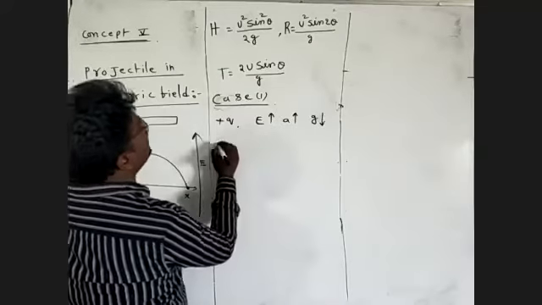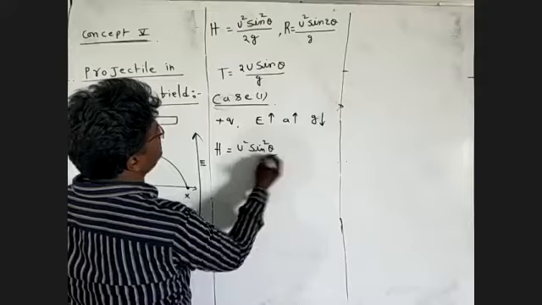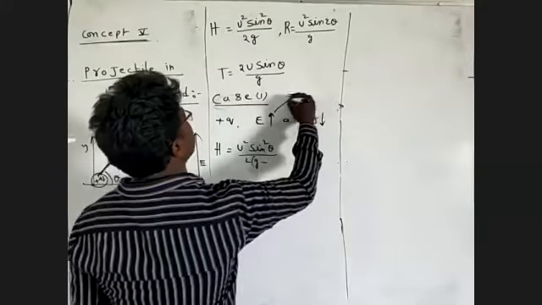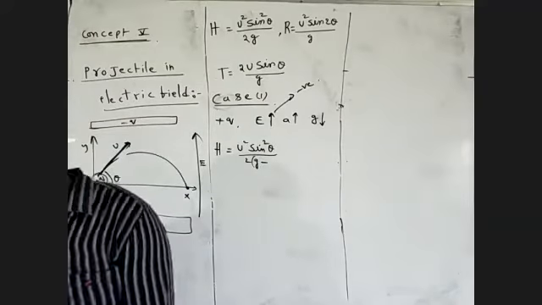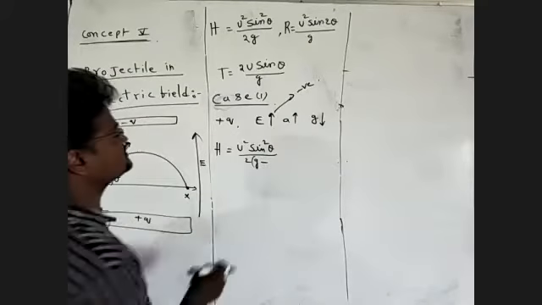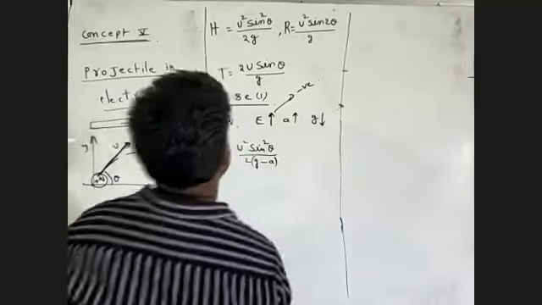So coming to the point, the height is equal to u squared sine squared theta by 2 times g minus a. Electric field upward means you take the acceleration as negative, so we take g minus a.